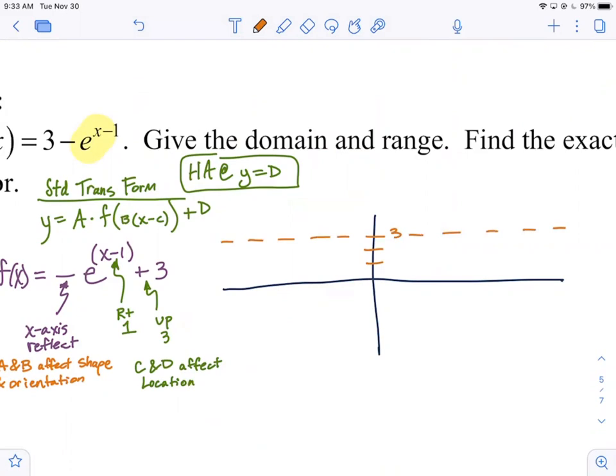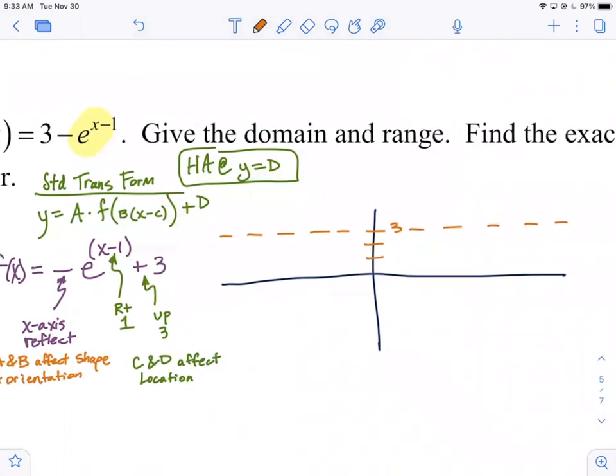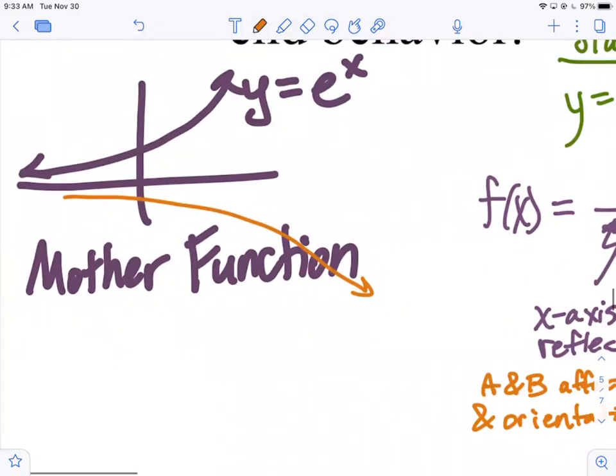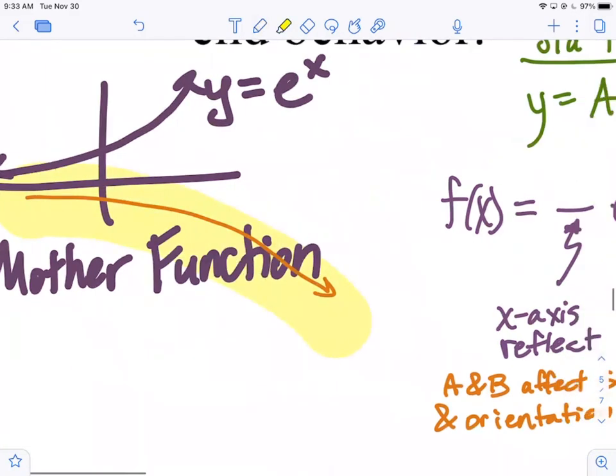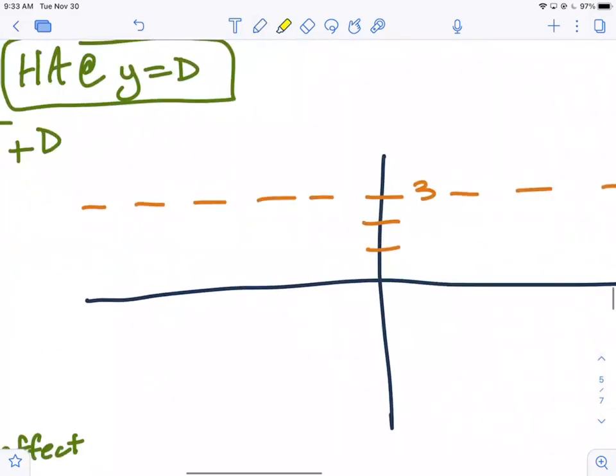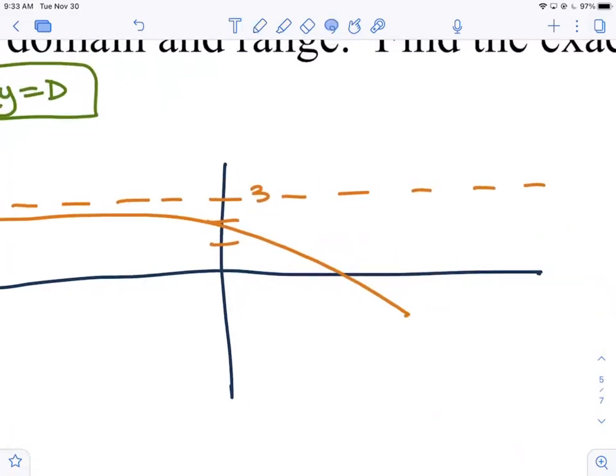Now, remember the shift to the right didn't really affect it much, okay? But I do know that the orientation and shape is this. I know it's decreasing below the horizontal asymptote. Well, here's the deal. I could just draw something like this randomly. But if I move it right, look what happens.